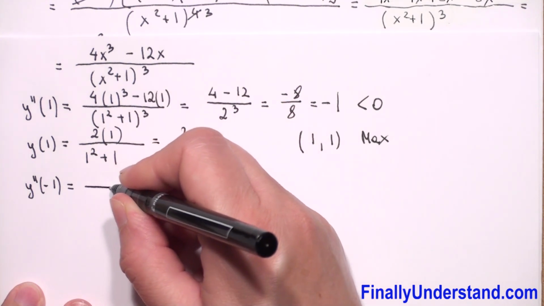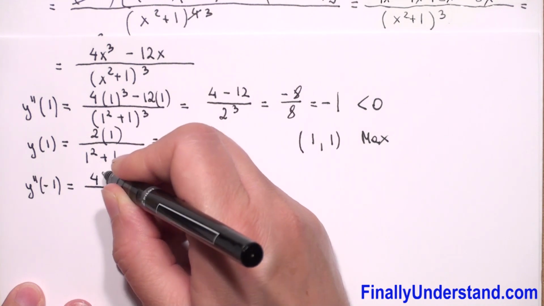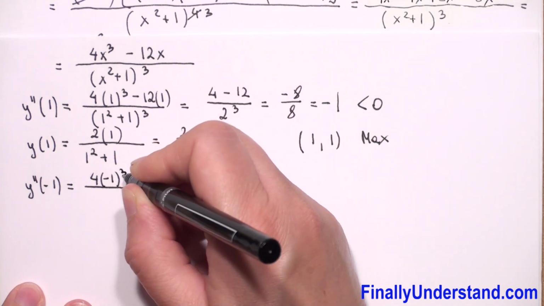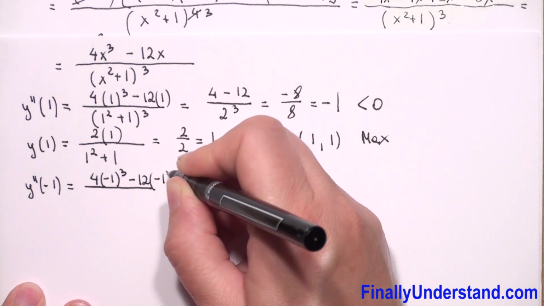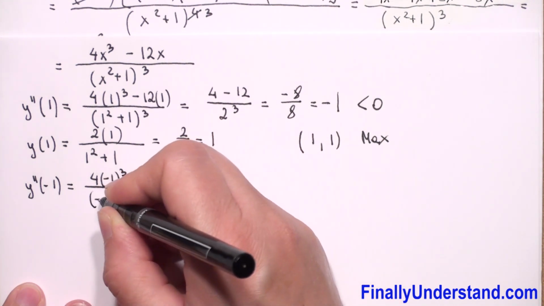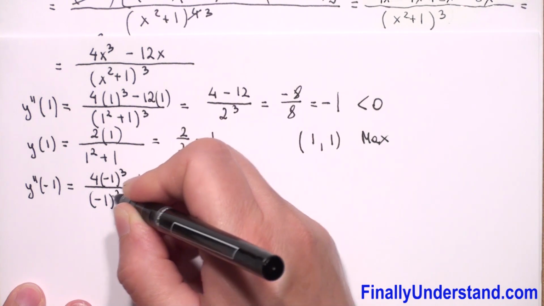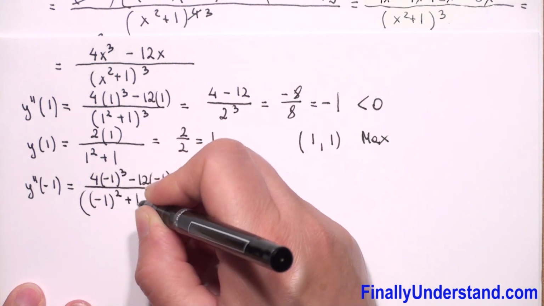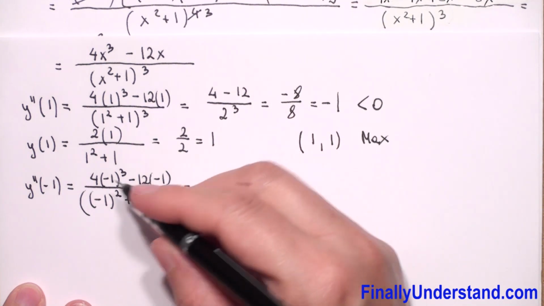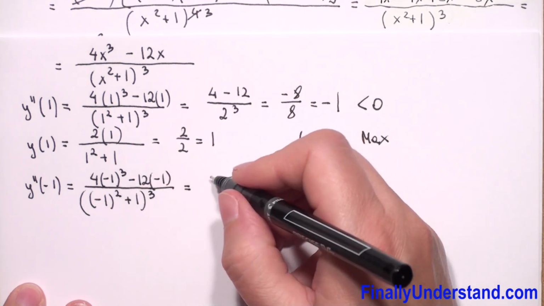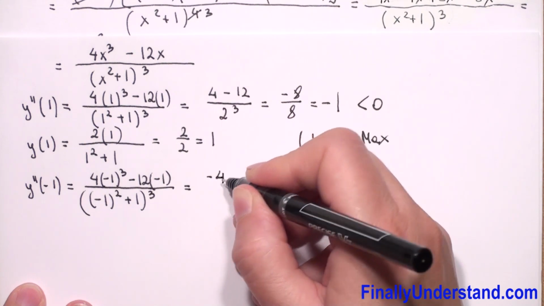So this is equal 4 times negative 1 to third power minus 12 times negative 1, over negative 1 to second power plus 1, and everything to third power. So this is equal 4 times negative 1 will be negative 4.